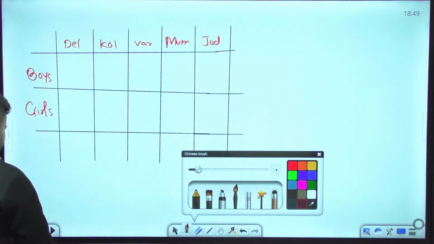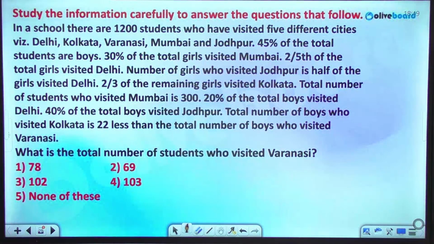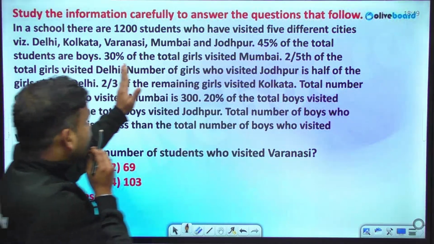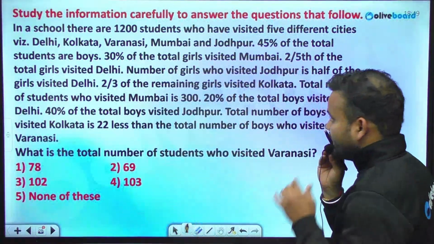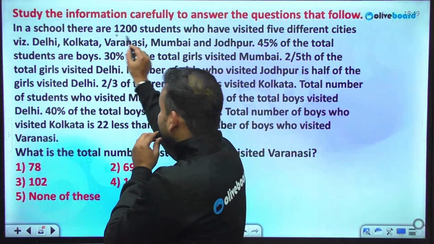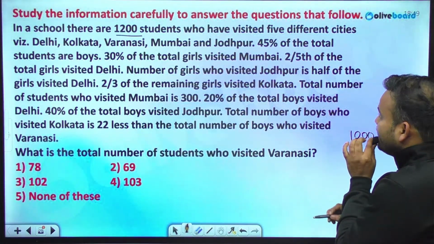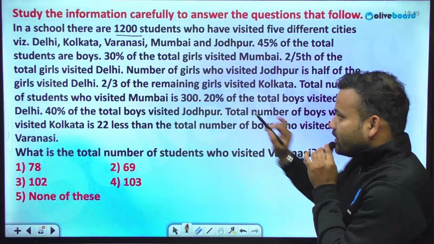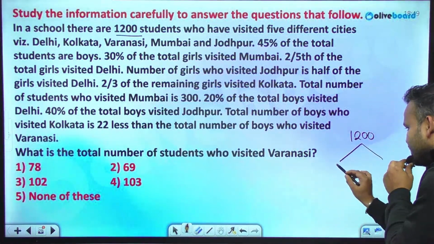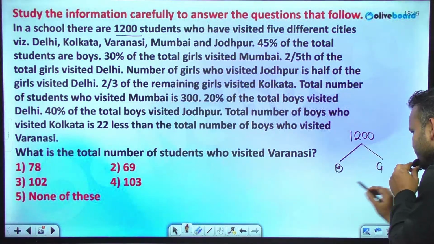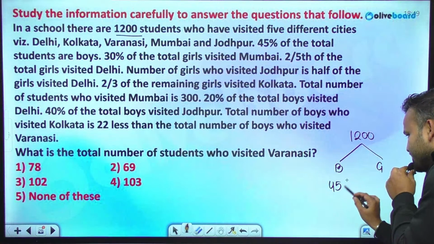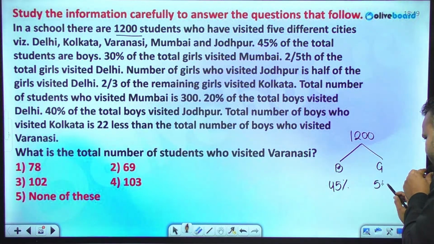And what is the total strength? The total strength of the school is 1200. So the total students is 1200. And 45% of these students are boys. So if the boys are 45%, the girls have to be 55%.